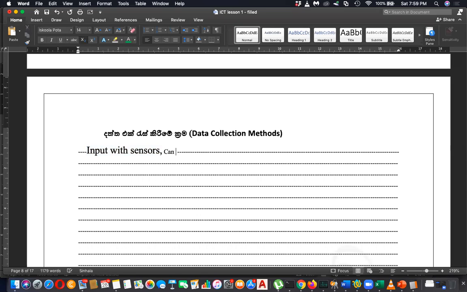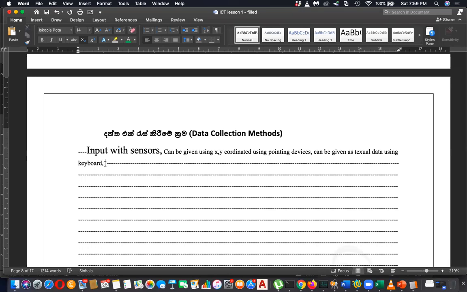Data can be given using x, y coordinates, using pointing devices. It can be fed as textual data using a keyboard.